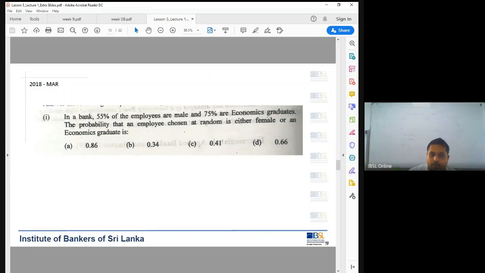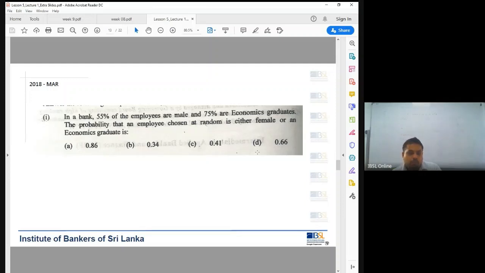Now, what is the probability a random selection of female is going to be? That is 0.45 or 45%. Or an economic graduate. So from those 45% and 55% of males and females, 75% will be economic graduates.